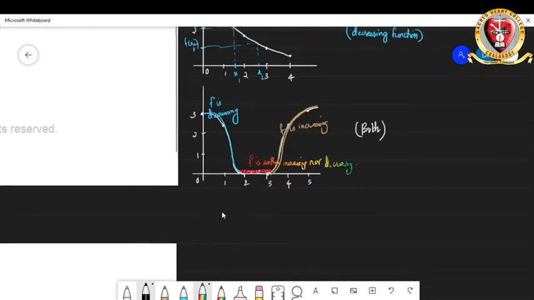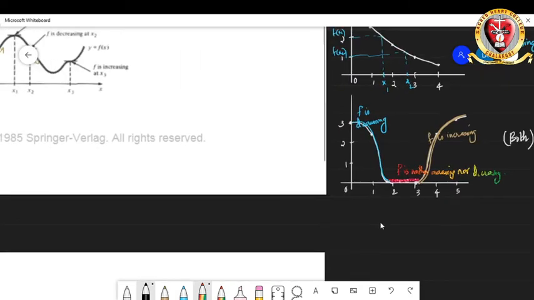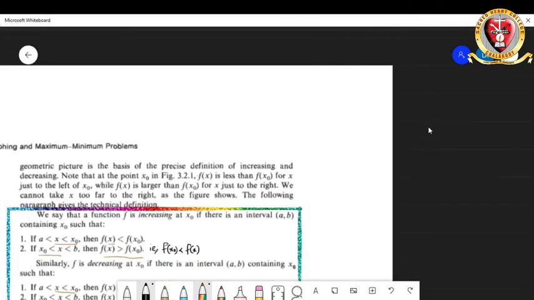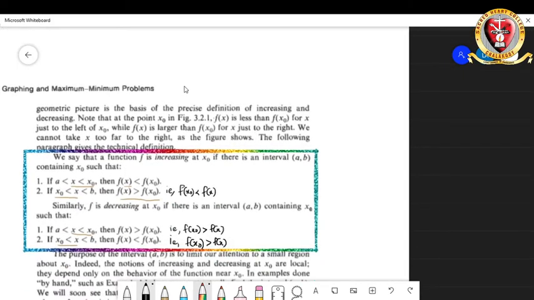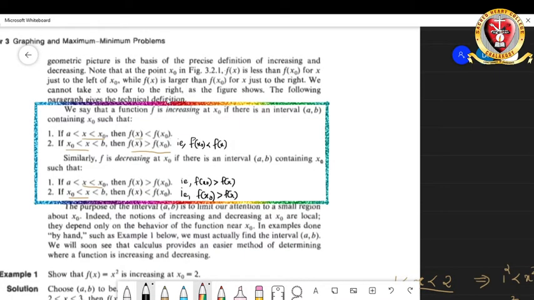So to look into the next areas, we are going to rigorously define an increasing function at the point x0.